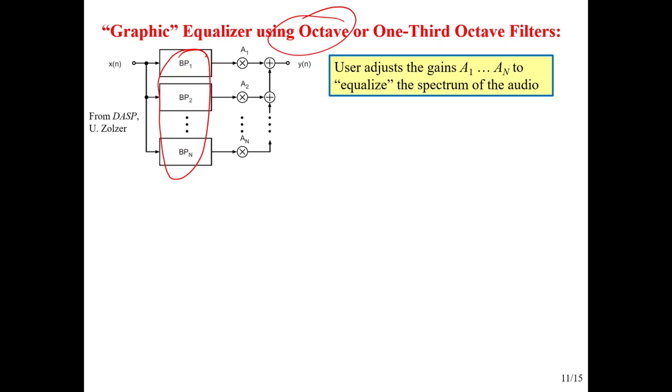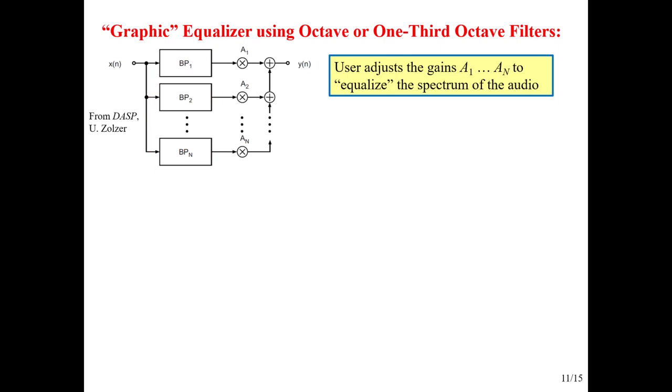We'll see that in just a second. And so we can cover the entire audio range with some number of filters depending upon how wide they are. So we've got a typical scenario where each bandpass filter has a width of an octave. So these are constant bandwidth bandpass filters.